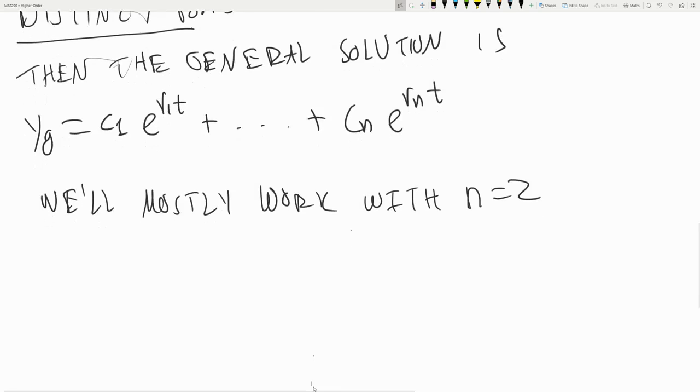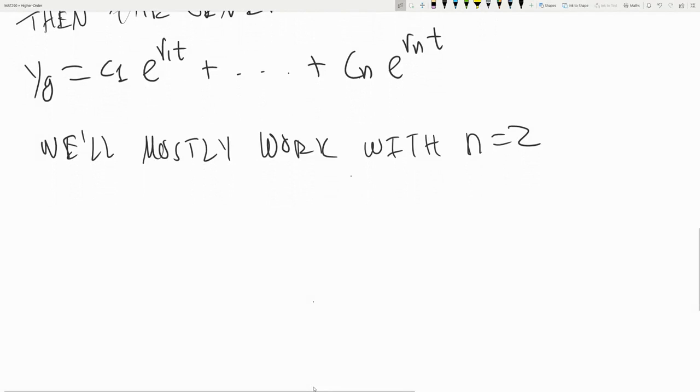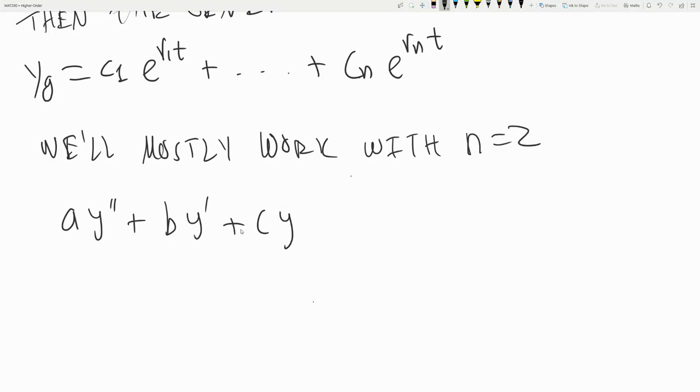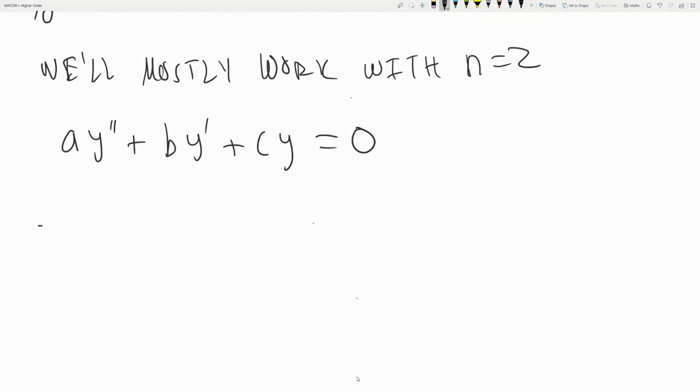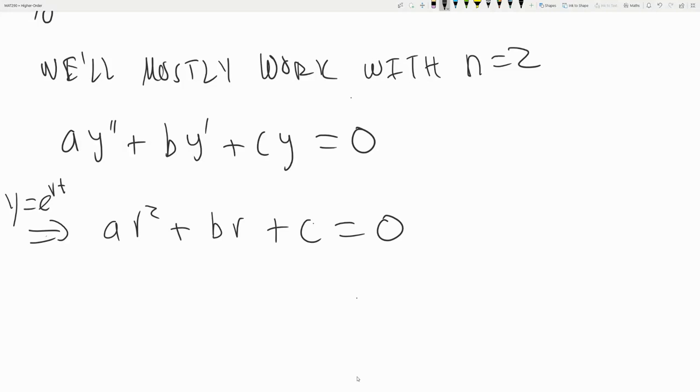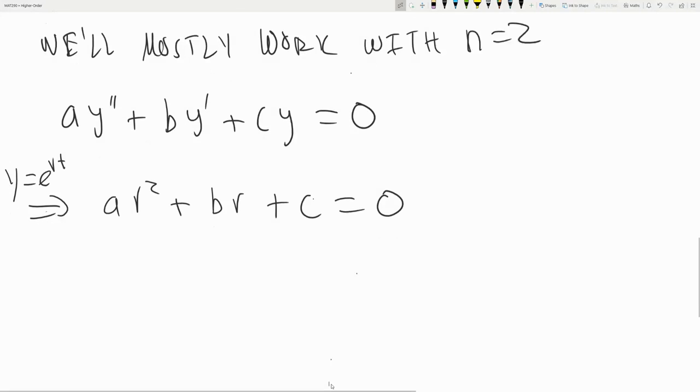So let me give you the solutions. We have the equation a y double prime, b y prime, c y equals 0. And for y equal to e to the rt, you get a r squared, b r, and c, which is a quadratic.